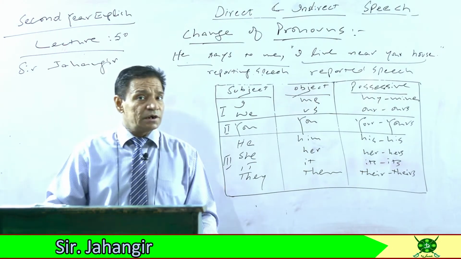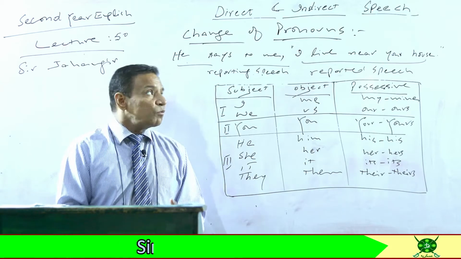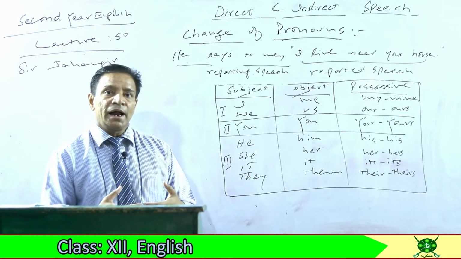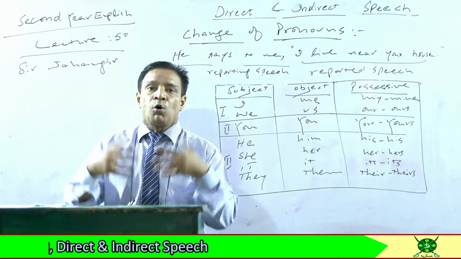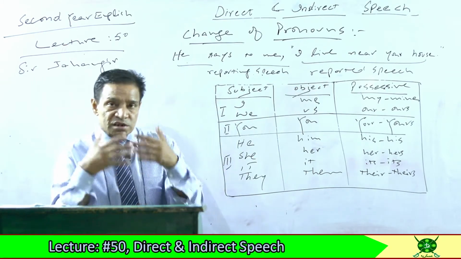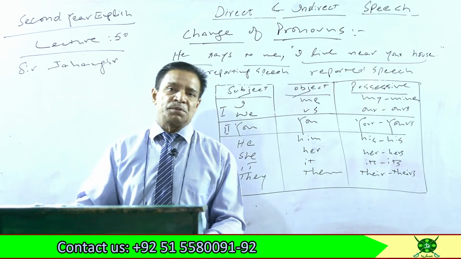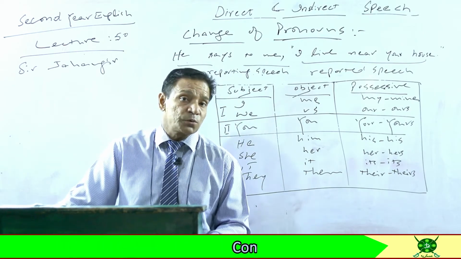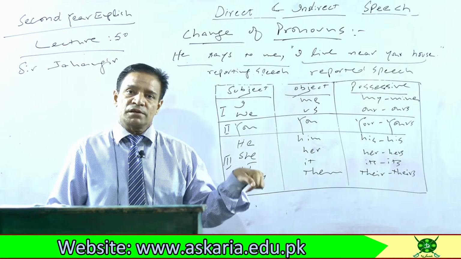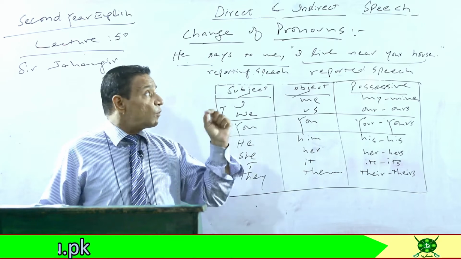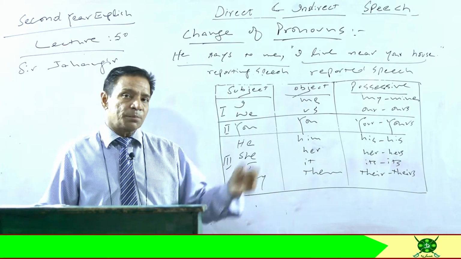When we change from direct to indirect, we will have to remove the commas, and these 2 sentences, the reporting speech and reported speech, will be joined. This process of joining a reporting speech and reported speech is called the conversion from direct to indirect speech.